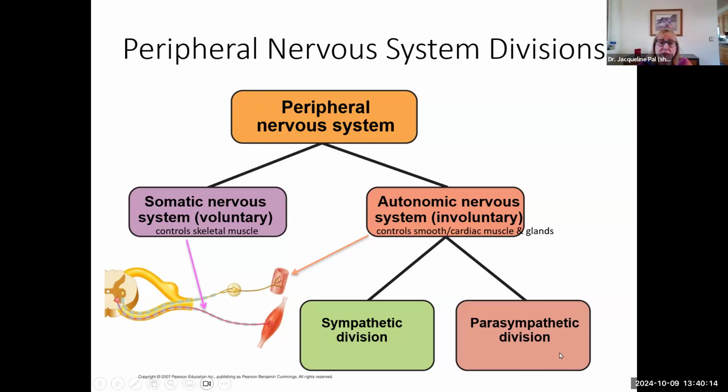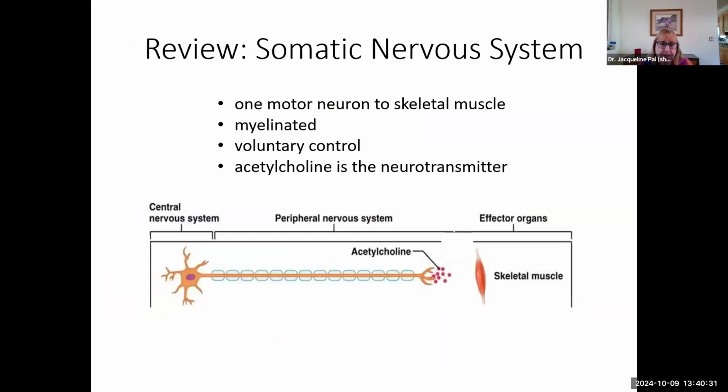And we will have two different divisions, the sympathetic division and the parasympathetic division. And when we're done, come back and look at this picture here on the lower left and see what you have learned, because I'm not going to talk about this picture right now, but you'll be able to explain a lot of details about this picture.